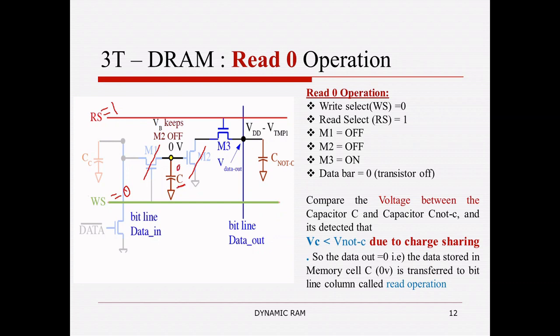It is stored at 0 volt. So the energy stored in the capacitance starts to discharge through the bit line. So this is called a read 0 operation. Thank you.